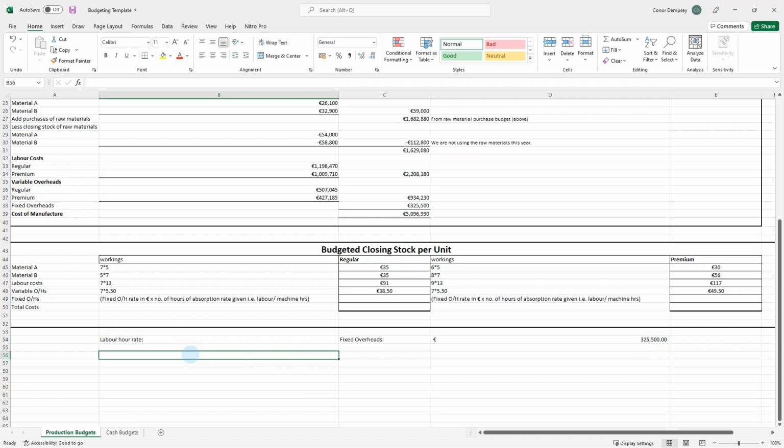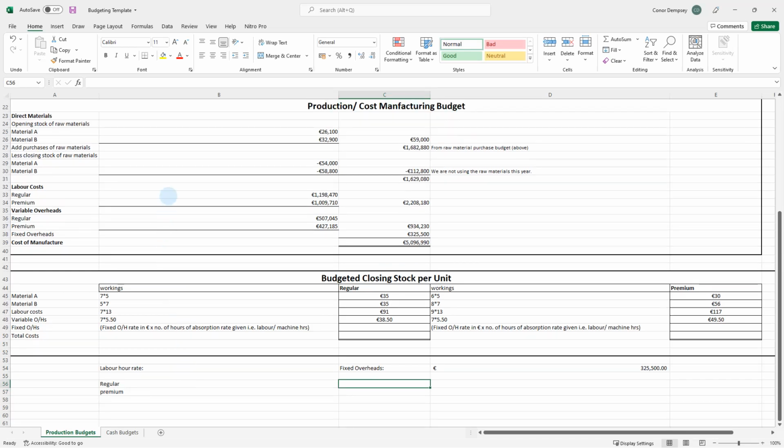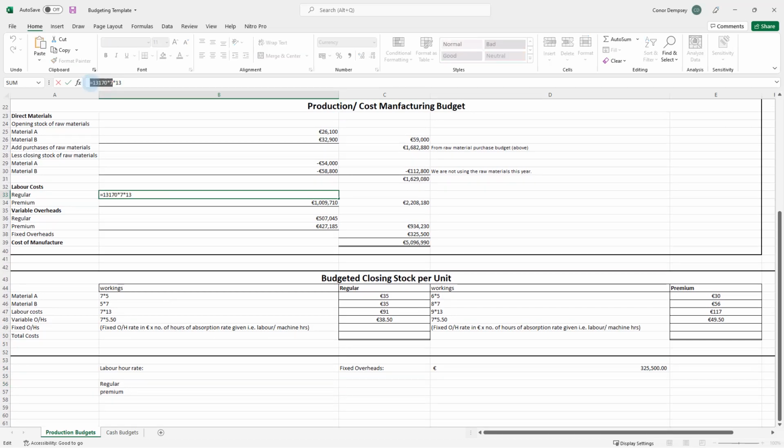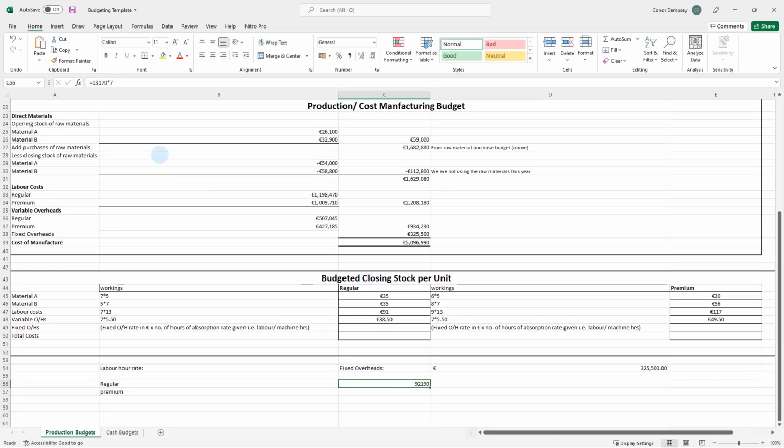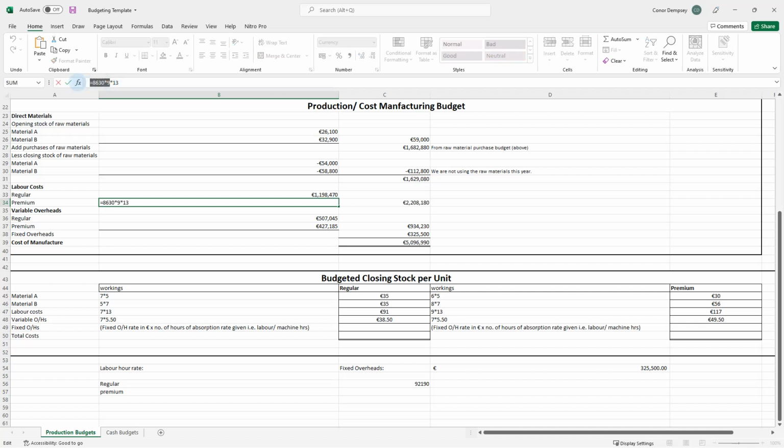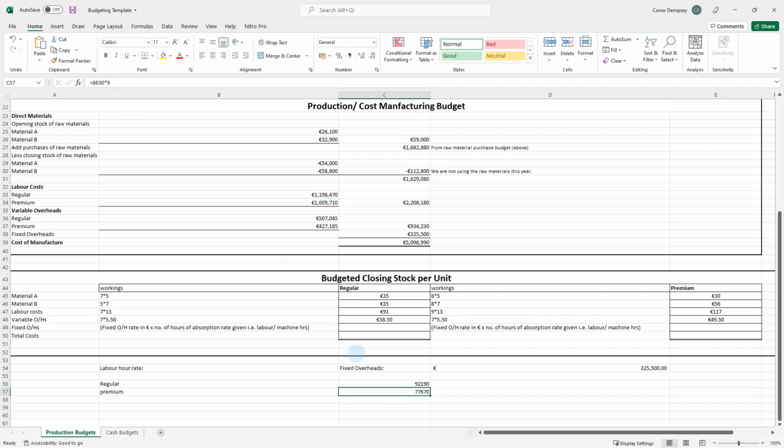Now we're going to get all of the hours needed for regular and premium. For regular, it was 13,170 products at 7 hours. And for premium, we're producing 8,630 units, and each unit requires 9 labor hours.